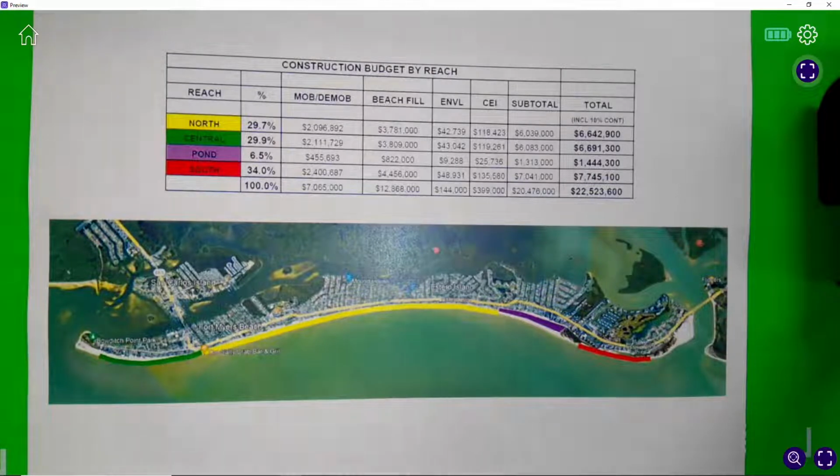Some of that central section does get a little bit skinny towards Newton Park. Then you have the pond area, which is a relatively minor portion of the project. And again, it's not necessarily an erosion concern, it would just be nice to have, should the property owners agree.